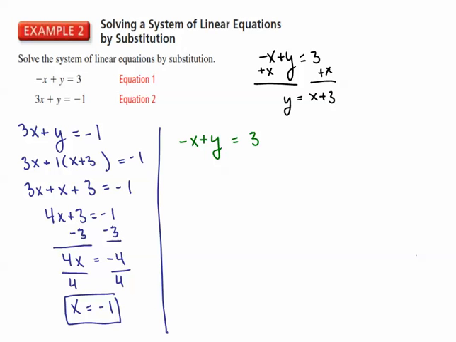Remember, when I take out the x, I'm going to leave everything else there and just put parentheses where my new x value will go, and recall that the new x value is negative 1. So you can think of this as the opposite of negative 1, the negative of negative 1, or we can say that it's negative 1 times negative 1, which will give me 1 plus y is equal to 3.